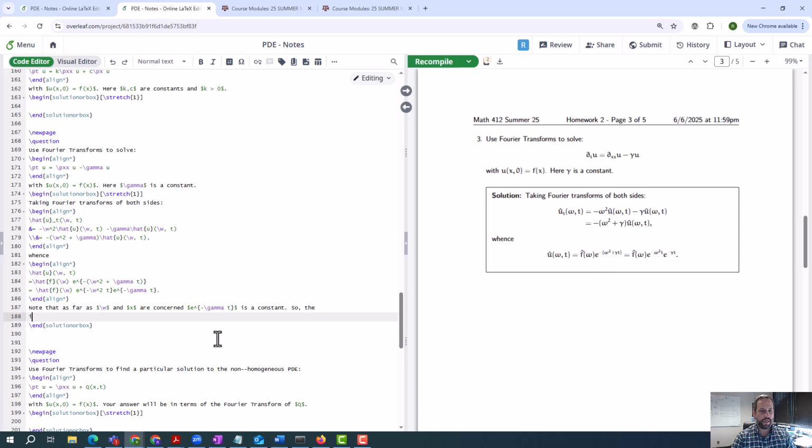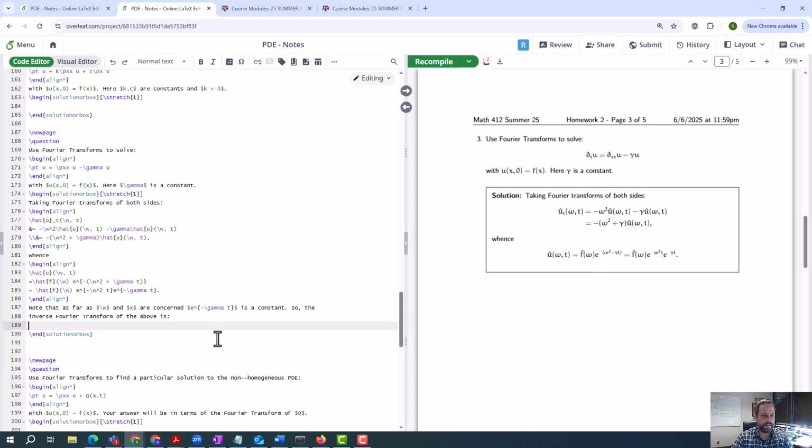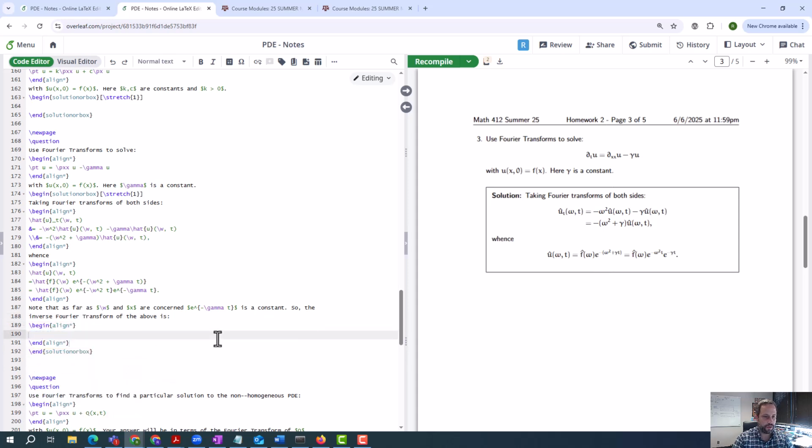I can never remember if I'm supposed to capitalize a t or not. For people who are detail oriented, you probably get a little aggravated that I changed. Sorry. So the inverse Fourier transform of the above is the solution.